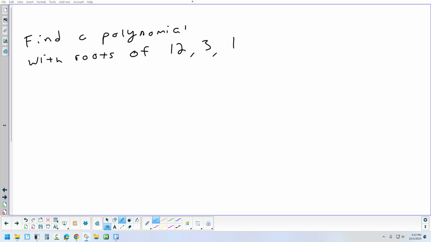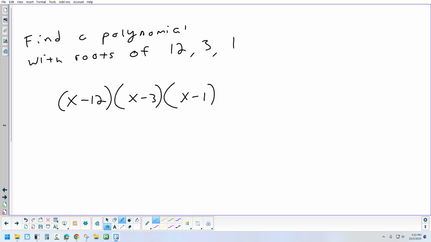Where would that 12 have come from? Yep. X minus 12. Right, it would have come from a factor that was x minus 12. How about if 3 is a root? Yep. X minus 3. It would have come from this factor. And what if 1 is a root? X minus 1. X minus 1.